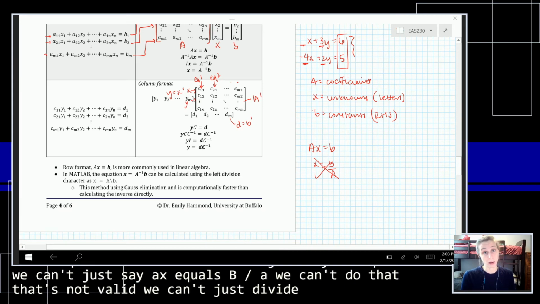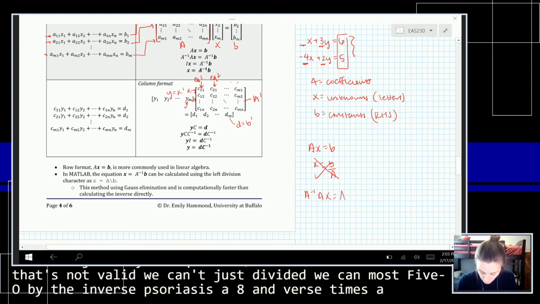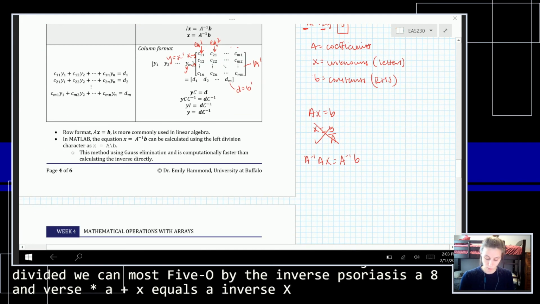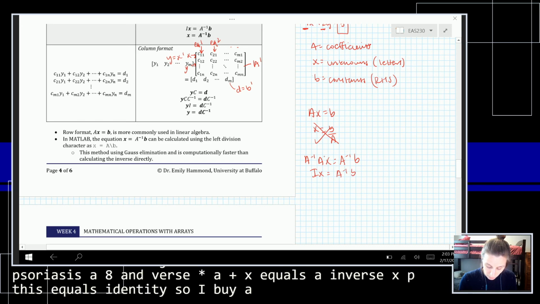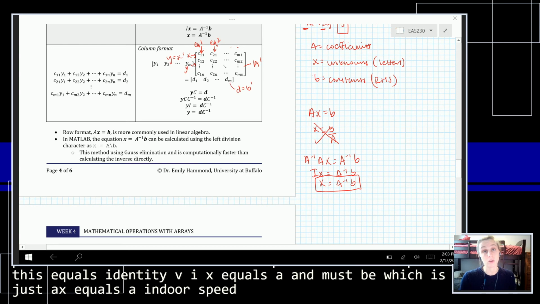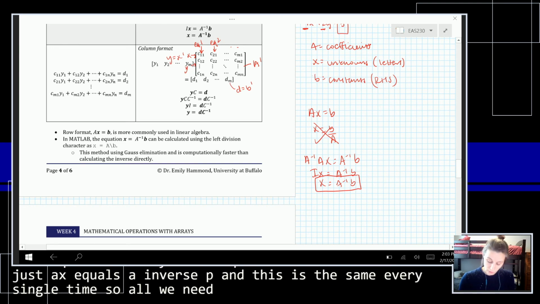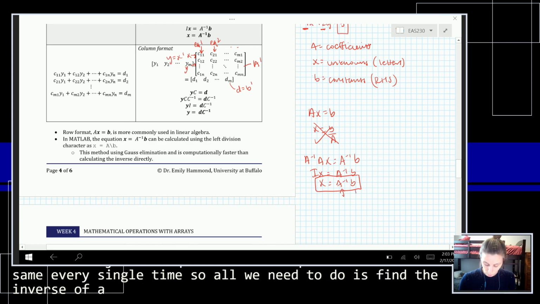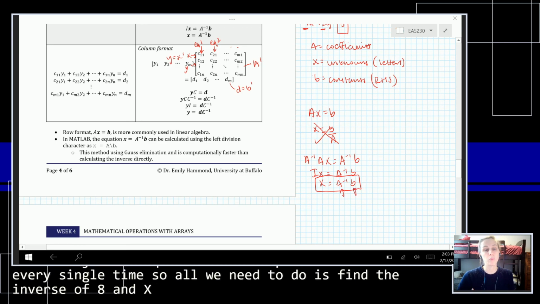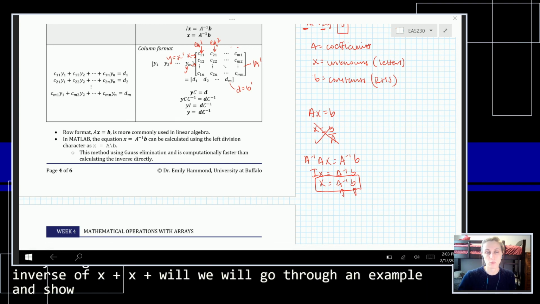We can multiply, though, by the inverse. So if I say A inverse times Ax equals A inverse times b, this equals identity. So Ix equals A inverse b, which is just x equals A inverse b. And this is the same every single time. So all we need to do is find the inverse of A and multiply it by b. And we will go through an example and show how to solve a system of equations in Matlab.